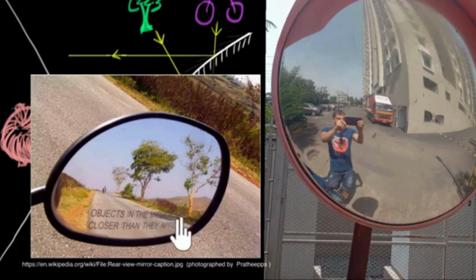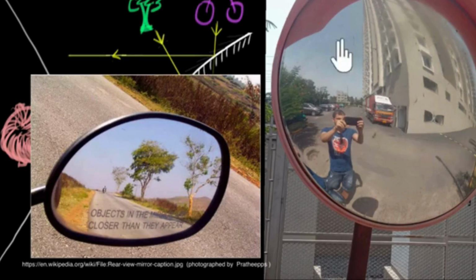Why are the objects in the mirror closer than they appear? This is really interesting. So think about this. If you come back over here, let's look at this picture. If this was a flat mirror of, say, the same area, imagine you had a flat mirror of pretty much the same area. I hope you agree now that in that mirror, we wouldn't be able to see as much as we can see over here. We just discussed that, isn't it?